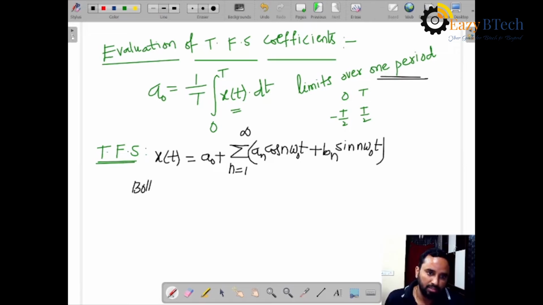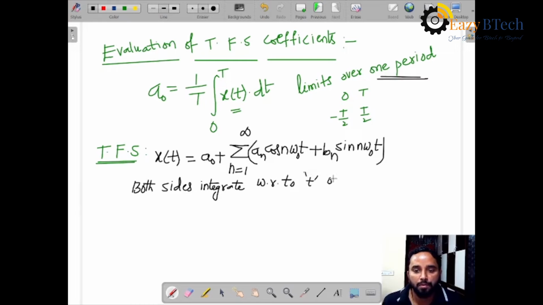Both sides integrate with respect to t over one period, over the limits of one period. So here the limits are also important.